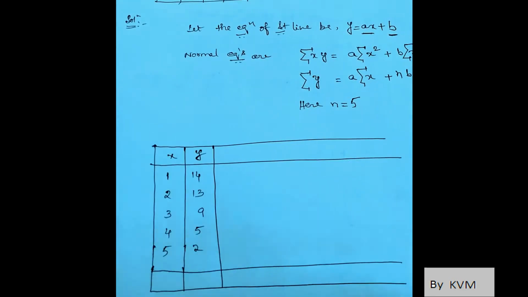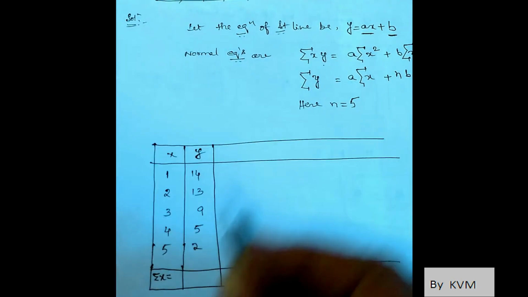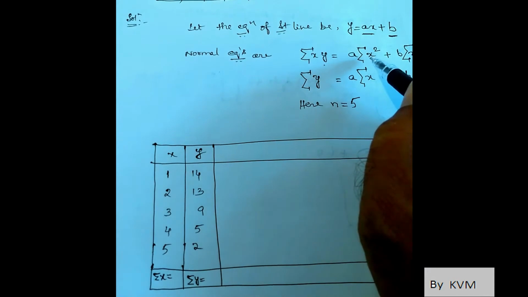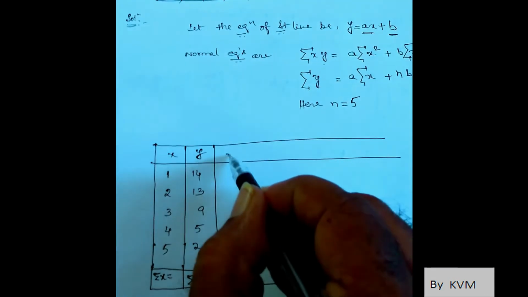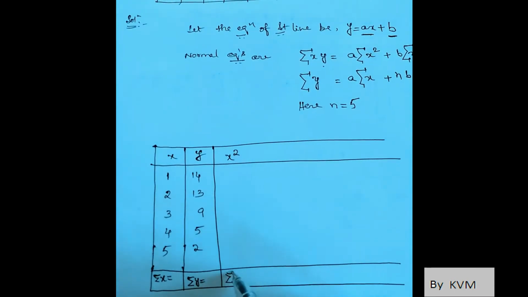So from the first normal equation, we need sigma x. Then from the second normal equation, we need sigma y. Then from the first normal equation, we have to calculate x square. Then summing up all the values of x square, we get sigma x square.